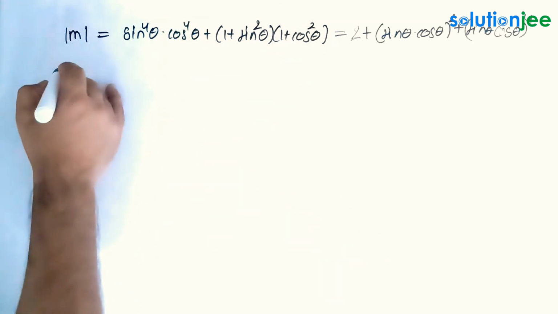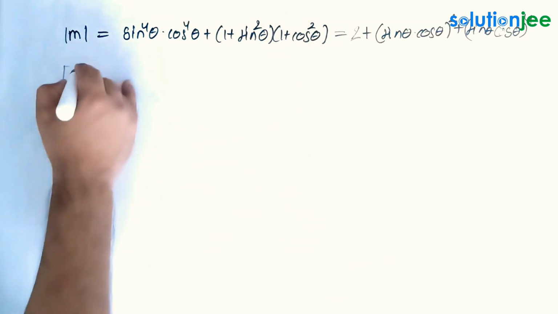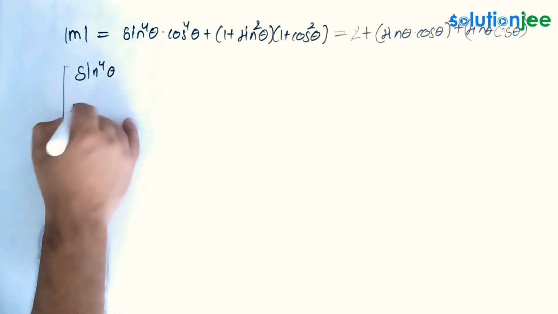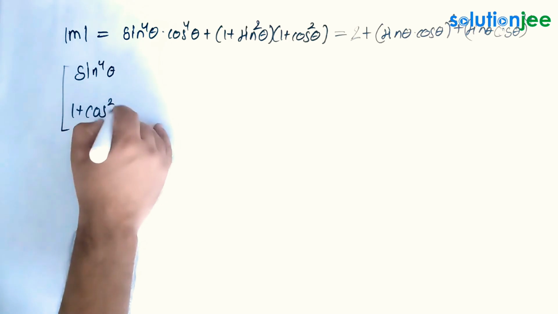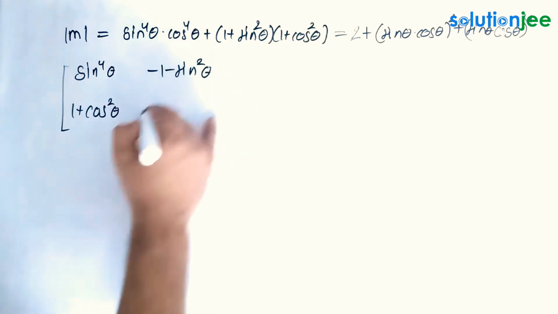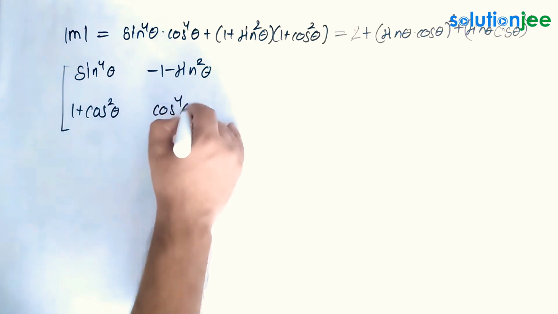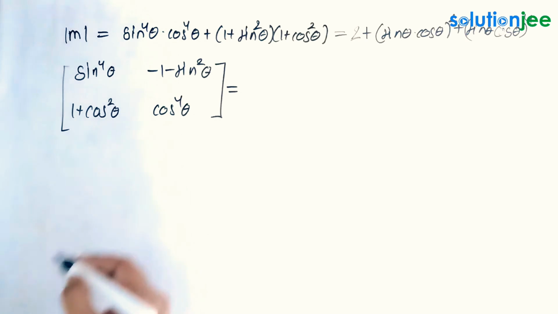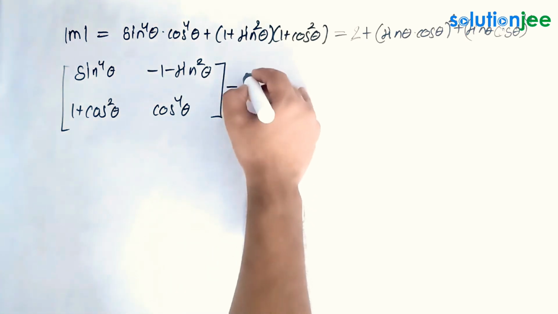Now we have the matrix with entries sin raised to power 4 theta, minus 1 minus sin square theta, 1 plus cos square theta and cos raised to power 4 theta, which is equal to alpha multiplied with the identity matrix of order 2 by 2.